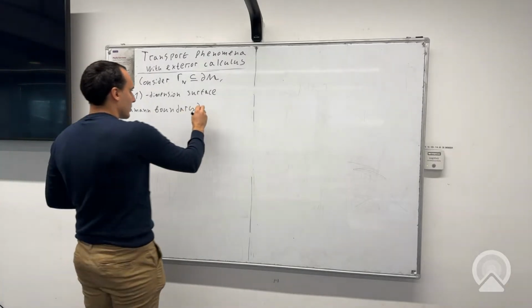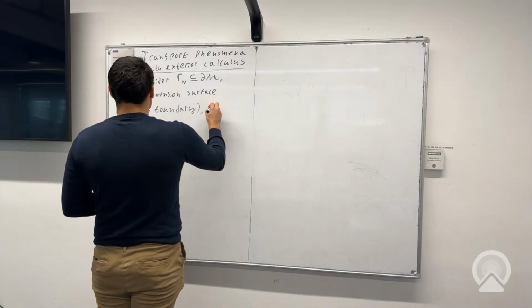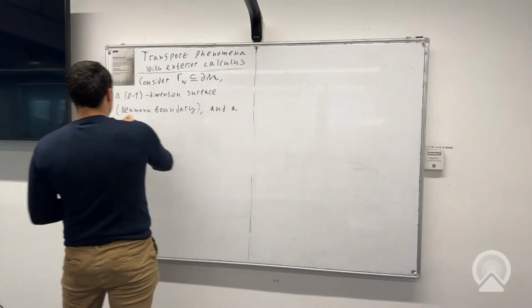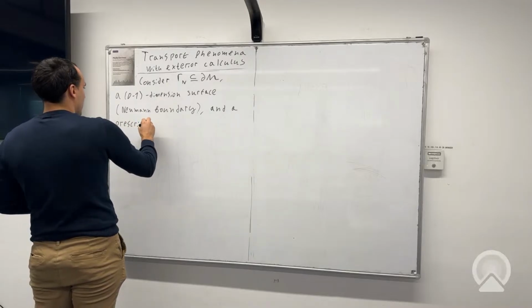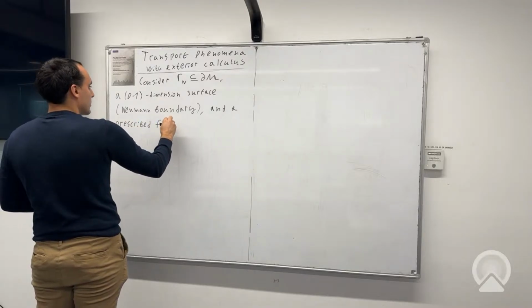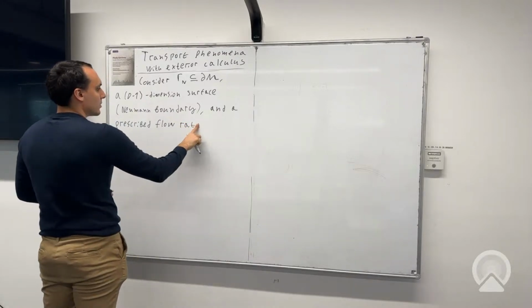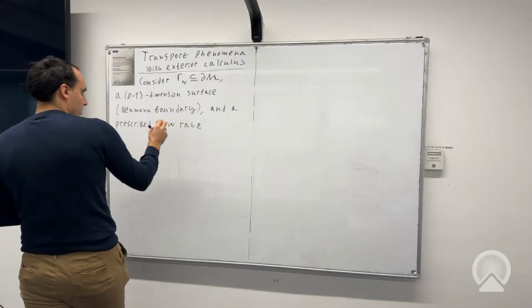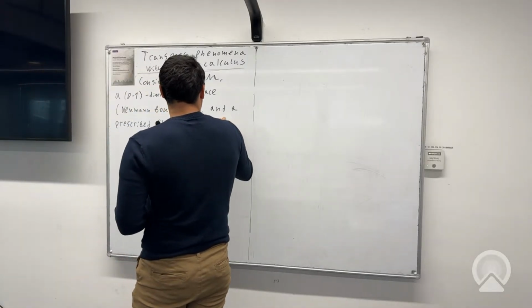And a prescribed flow rate. Again, this is in absolute terms. So this will be G from the interval.